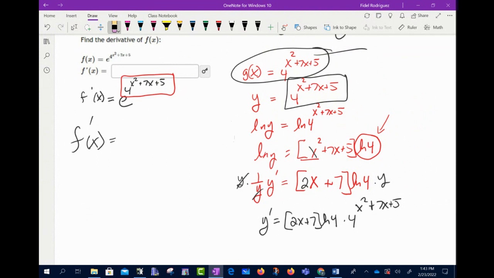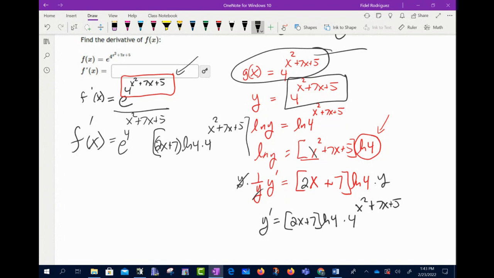Remember, when I'm taking the derivative of an exponential function, it's going to be the exponential function itself times the derivative of the power. So it'll be e to the power 4 to the x squared plus 7x plus 5 times whatever we came up with, 2x plus 7, natural log of 4, 4 to the power x squared plus 7x plus 5. All that funkiness right there.